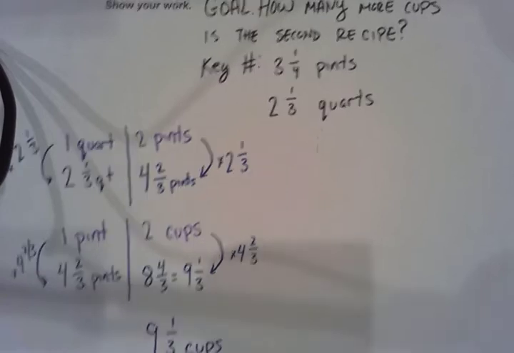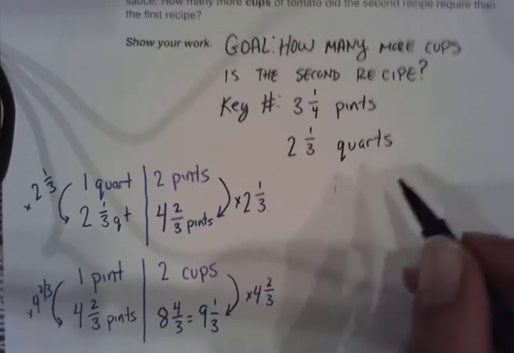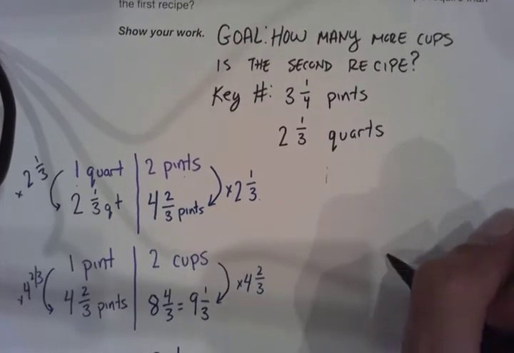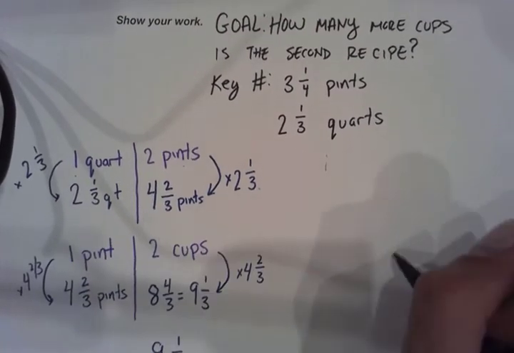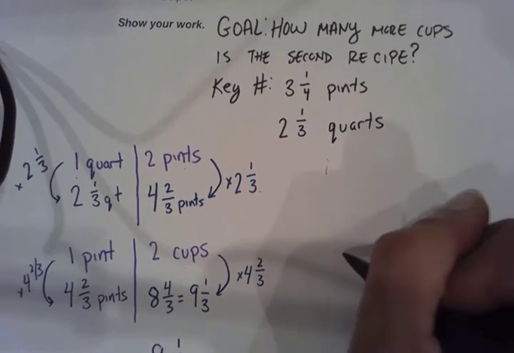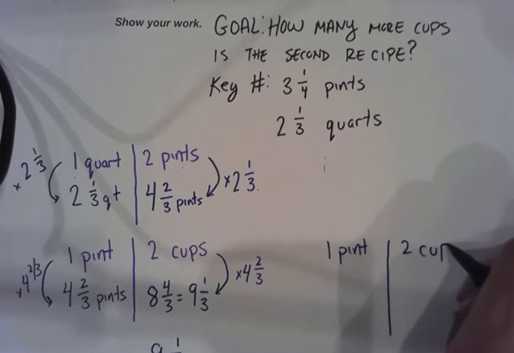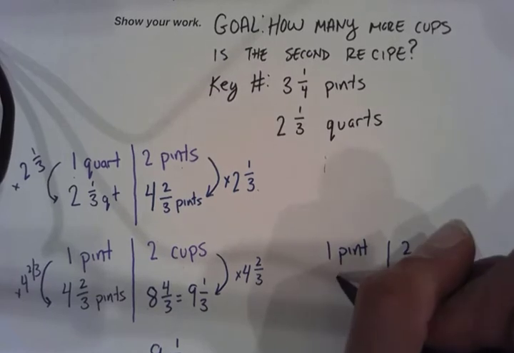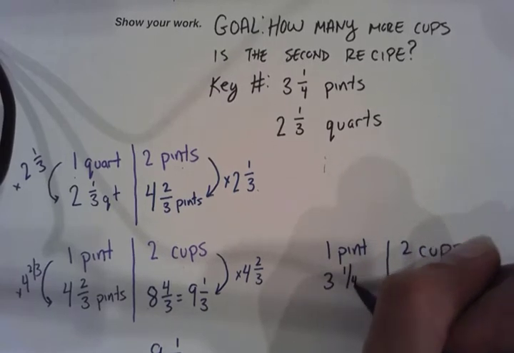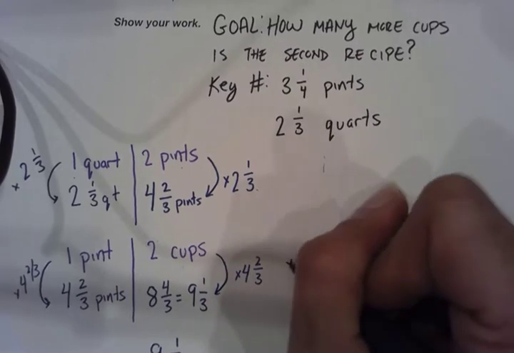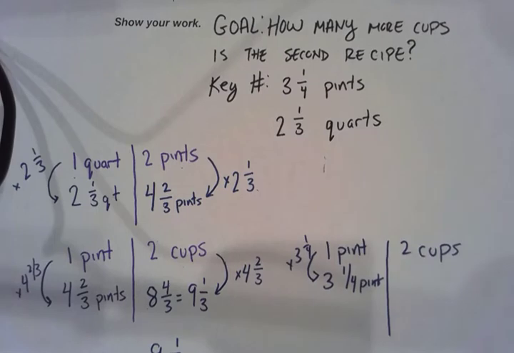So now let's convert our first recipe, which was 3 and 1/4 pints. We're going to use our same ratio table right here. 1 pint equals 2 cups. This time we have 3 and 1/4 pints. And I know 1 times 3 and 1/4 equals 3 and 1/4.